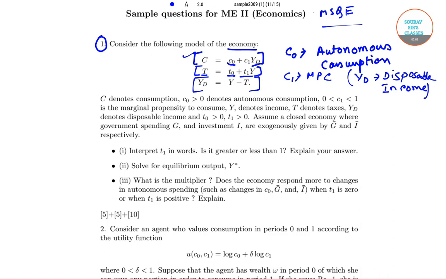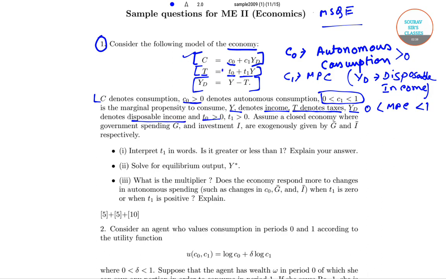So now it is explained that C denotes consumption, C0 is always greater than 0, that is, autonomous consumption is always greater than 0, and C1, which is the marginal propensity to consume, belongs to 0 to 1, and Y denotes the income, T denotes the taxes, YD denotes the disposable income.